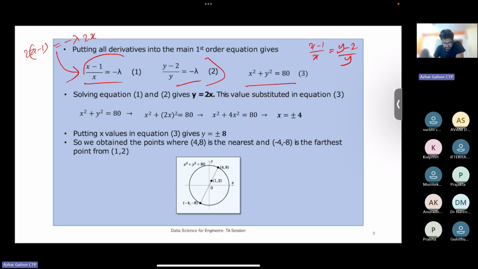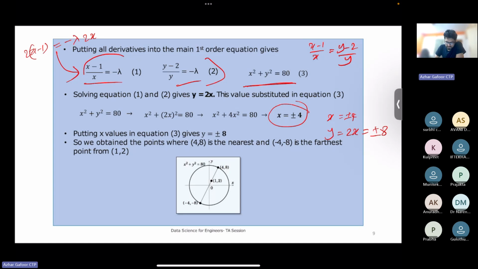And now we substitute the same in the equation x squared plus y squared is equal to 80. Finally, if we solve that, we get x is equal to plus or minus 4. Then y is equal to 2x, which gives plus or minus 8.